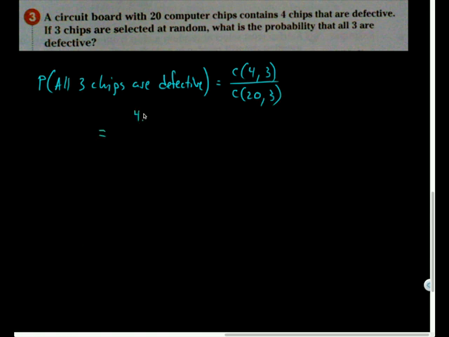I'm just going to be simplifying some stuff here. 4 minus 3 is 1 factorial, not necessary. 3 factorial, all over 20 factorial over 20 minus 3, which is 17 factorial, times 3 factorial.